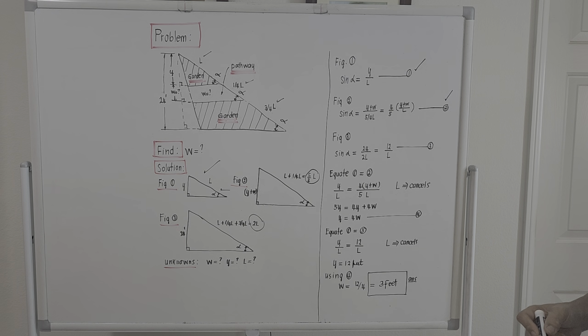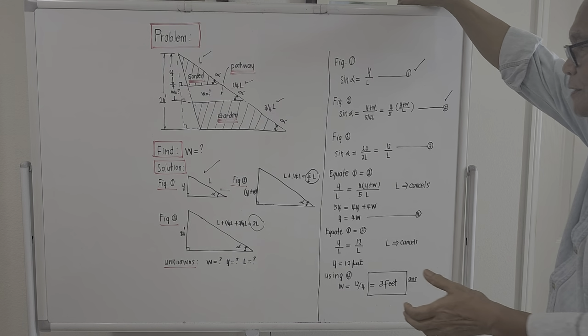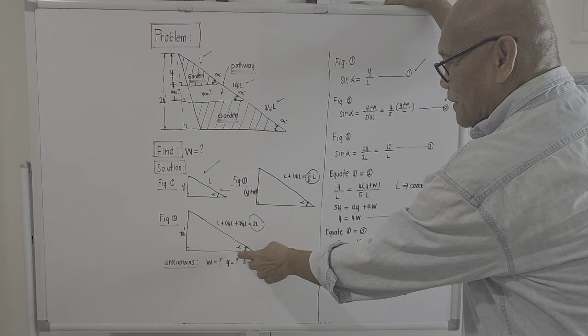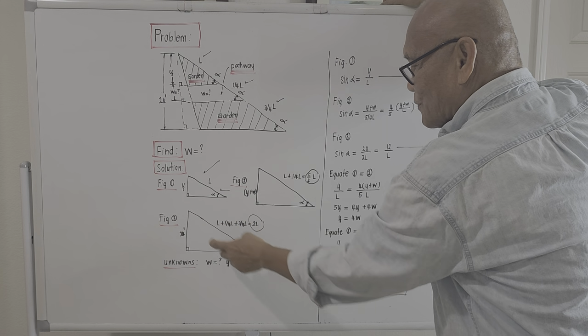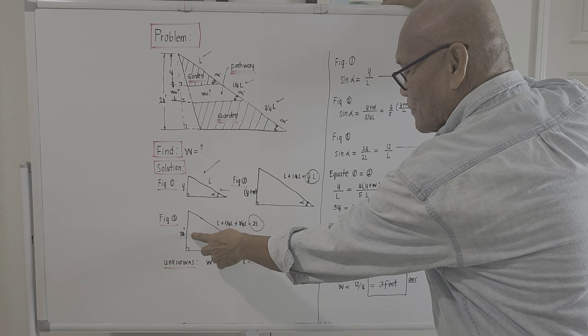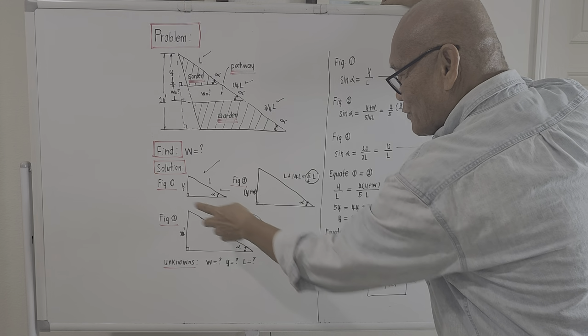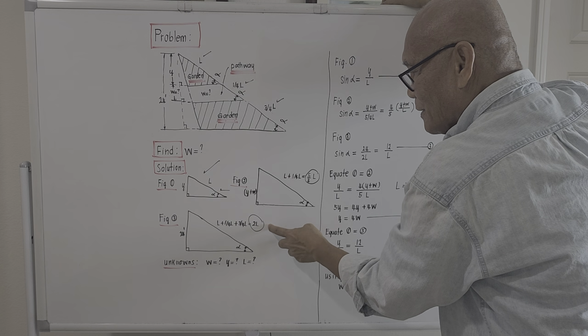From figure number 3, like what I said, this is still alpha. The vertical side of this triangle is actually 24 feet, and the hypotenuse in terms of L is actually 2L.